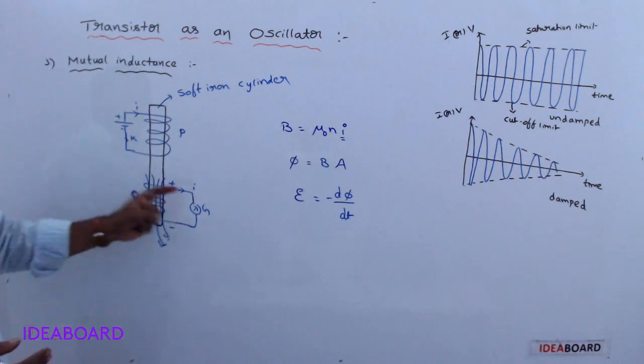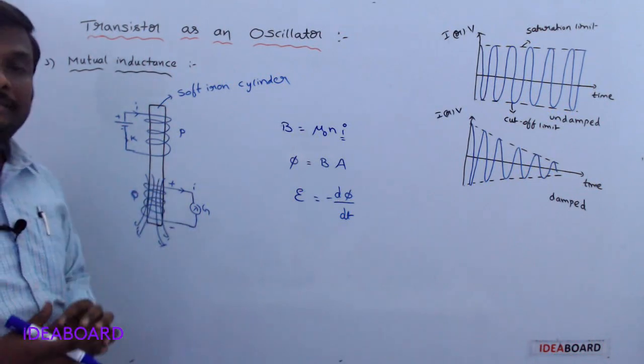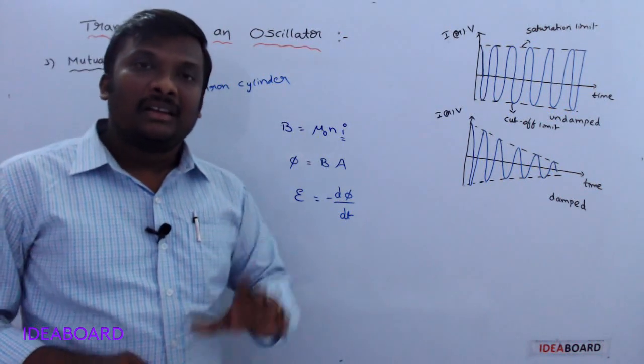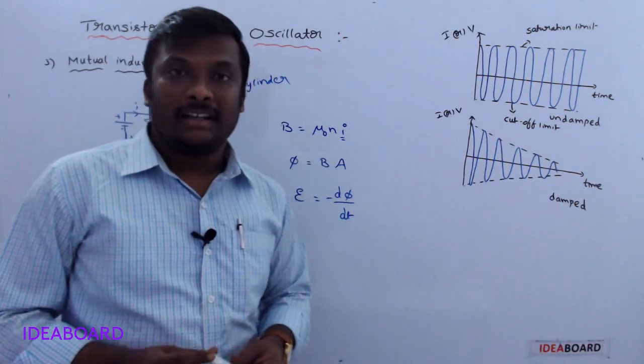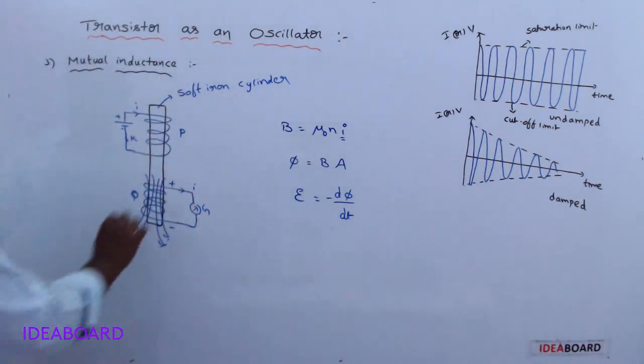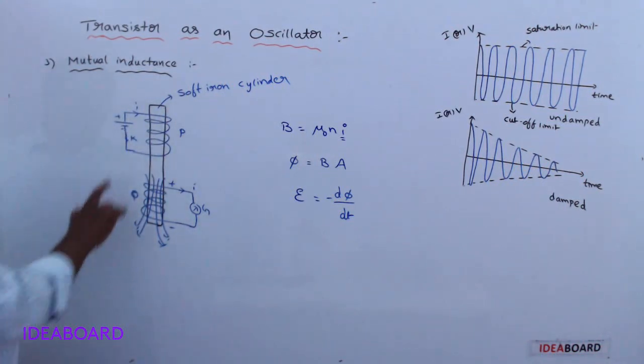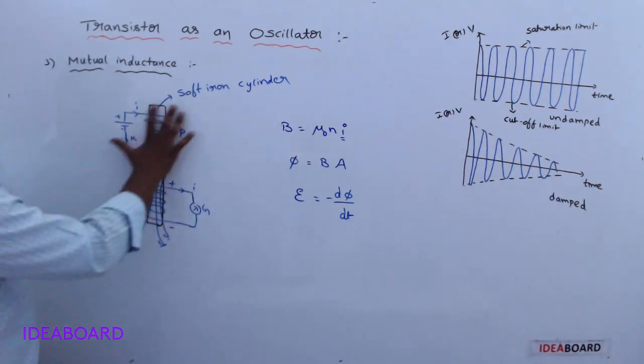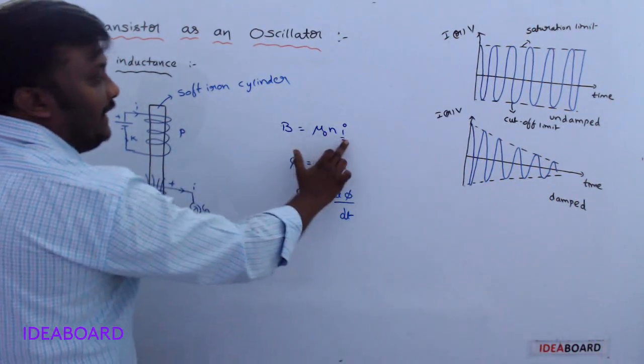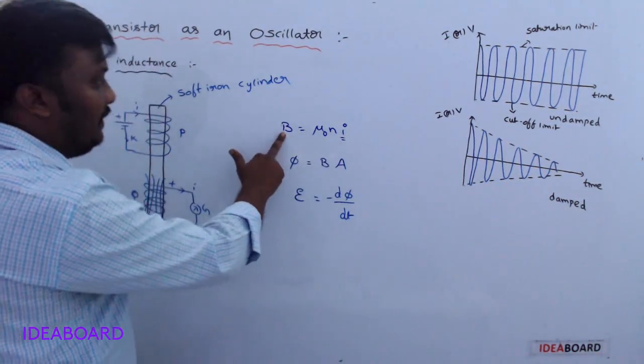If we open the key, again the galvanometer shows the deflection. Do you understand? This is the concept of mutual inductance. One more time: when the key is closed, current passes through coil P, and it produces a magnetic field.